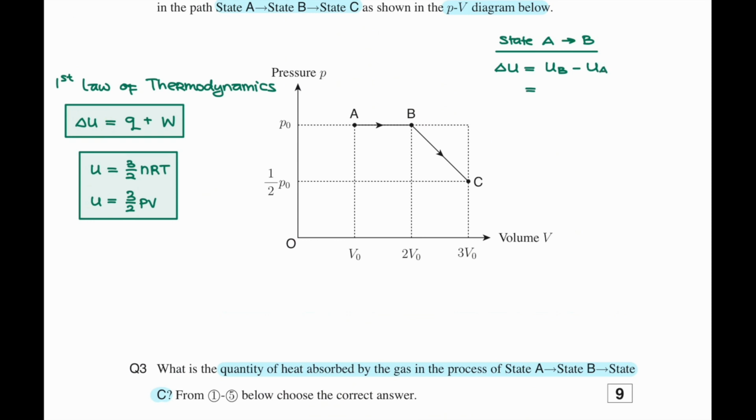UB is 3 over 2 PB VB, so 3 over 2 times 2PO VO minus 3 over 2 PA VA, which is PO VO.